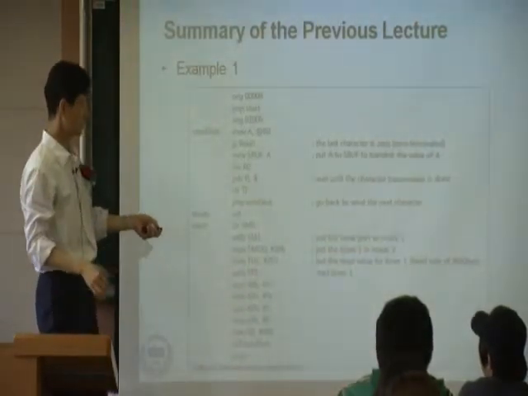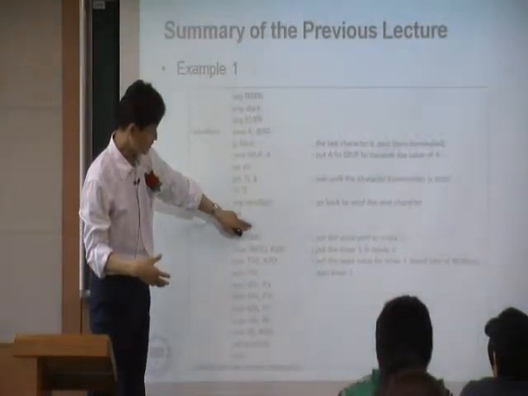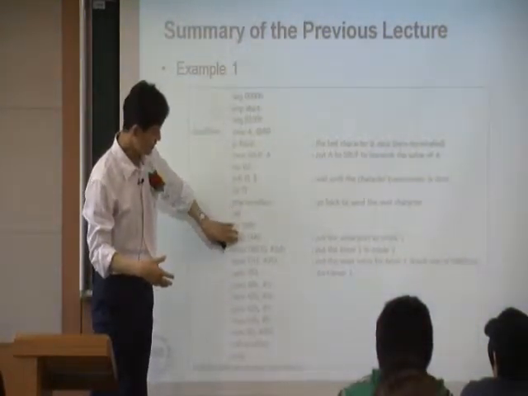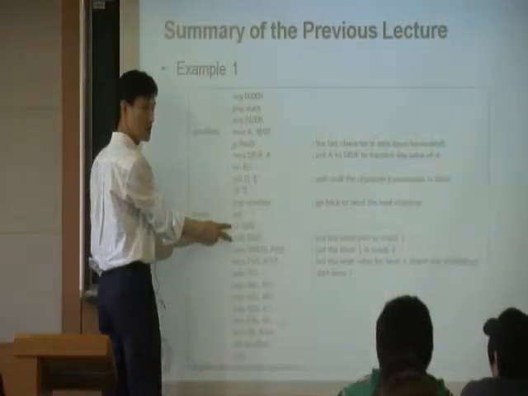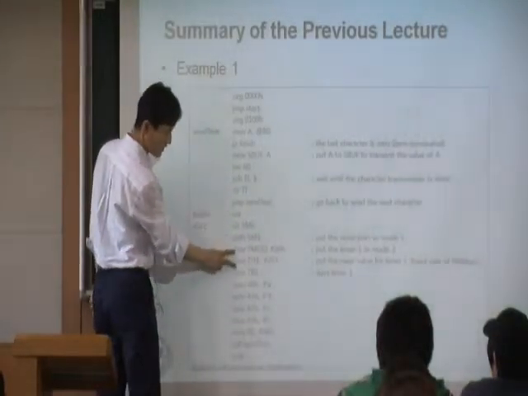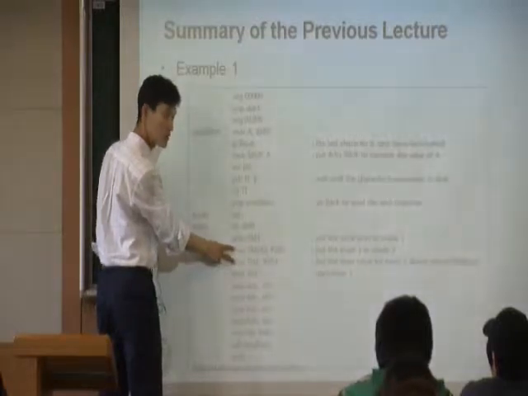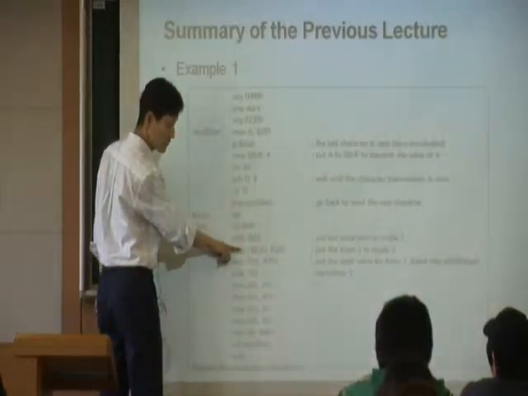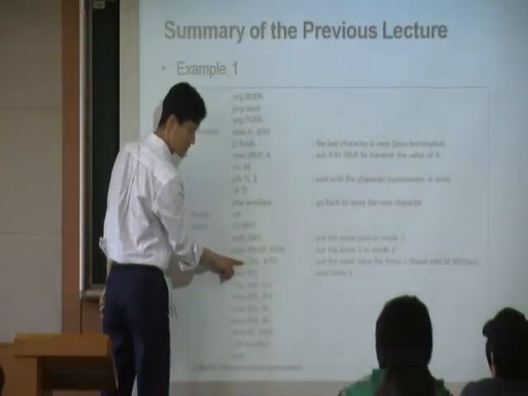In my program, I start by setting SM0 to 0 and SM1 to 1. By these two instructions, I set the serial communication mode to mode 1. With the next two lines, I configure the timer by setting the timer mode to 2, and I also set the timer initial value.